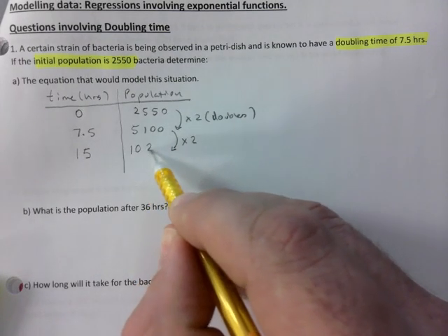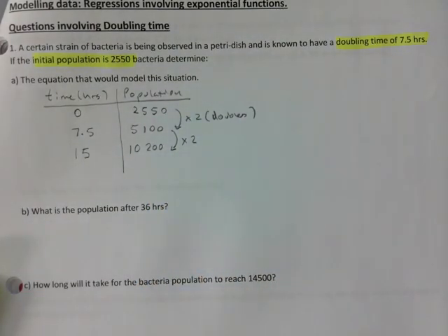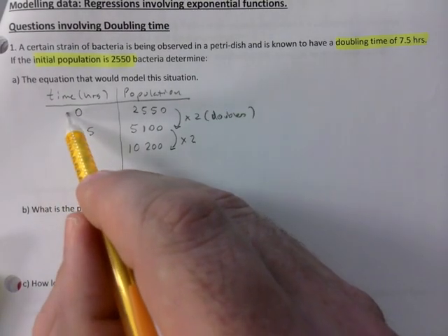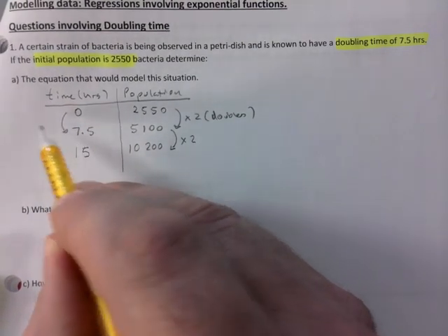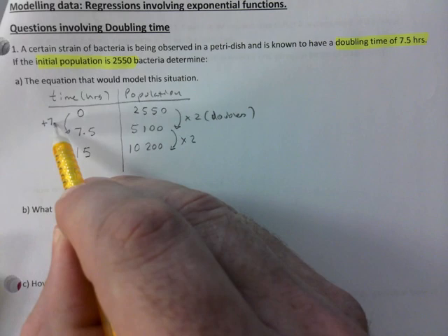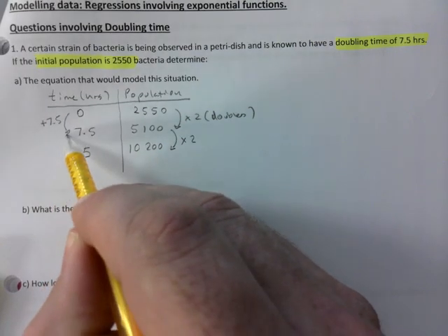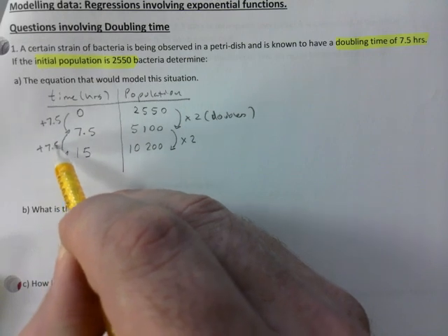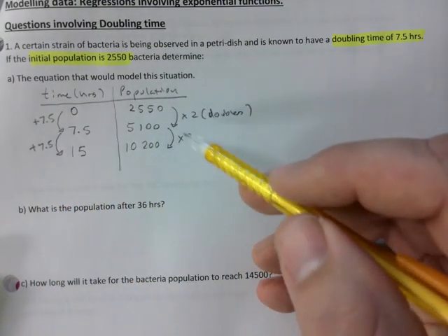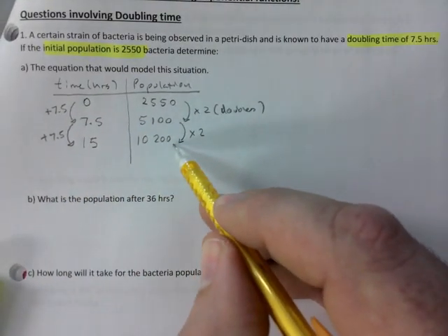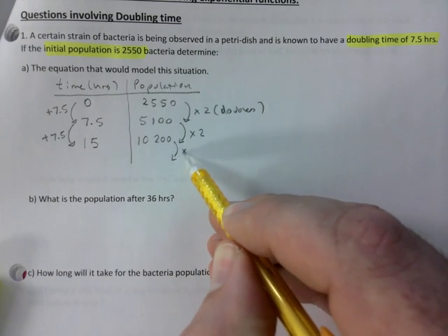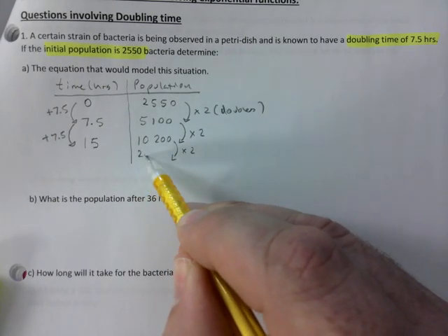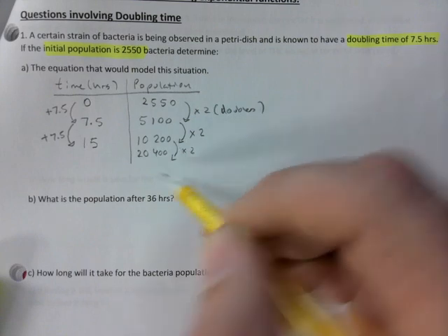So that's 10,200. We're adding 7.5 hours every time. We're not doubling there. The doubling is happening in the population. Let's do one more. Times 2, that's 20,400.